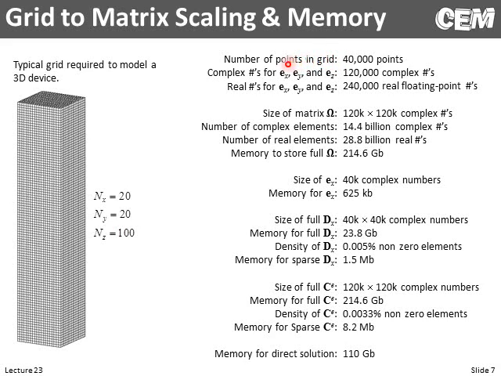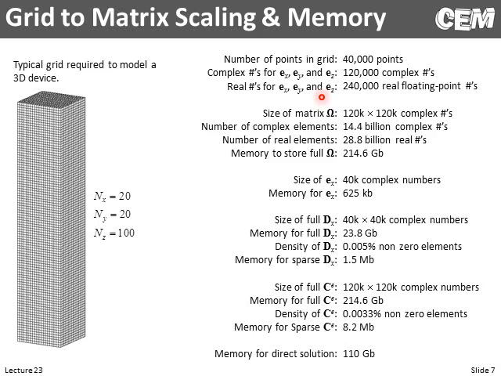That means to store EX, EY, and EZ, we have 120,000 complex numbers that we need to store. Well, reality is we store both components of a complex number separately, and in the end, we need 240,000 real floating point numbers to store all of the field information on this grid.